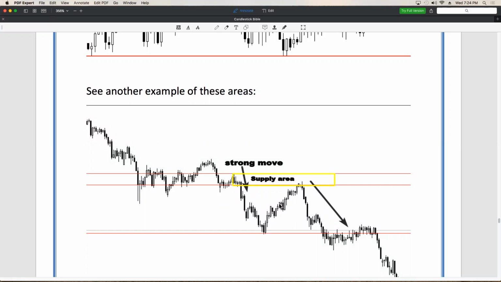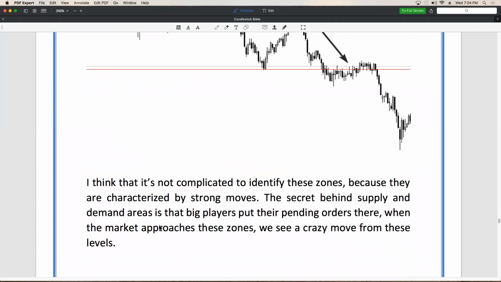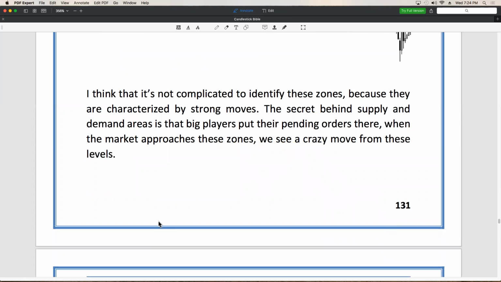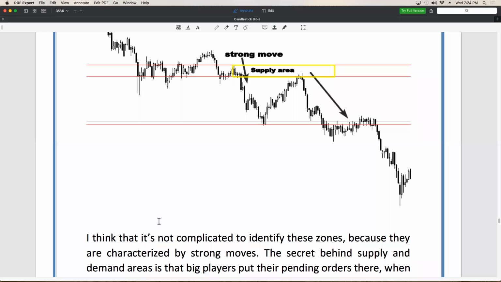But then it bounces back up into that support, which is a ceiling now. From here to here is a zone. All the way to here, you see the ceiling, the ceiling, the ceiling, the floor. The supply area. And that's how I read it, and that's how it's a zone.